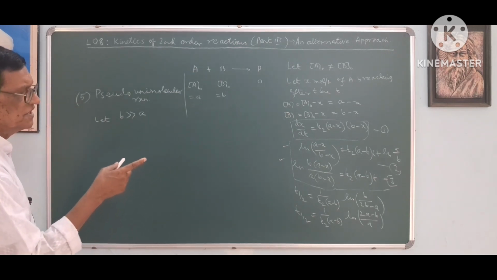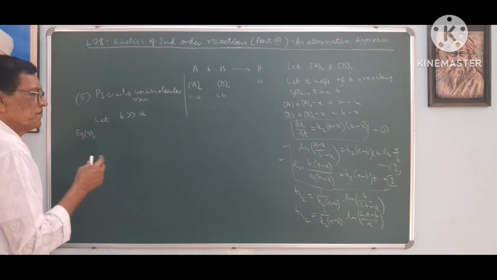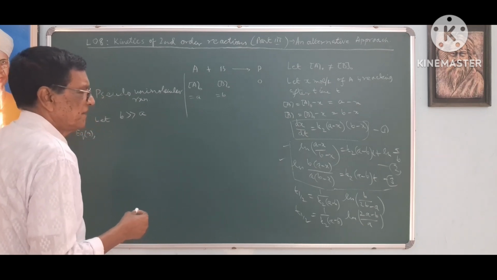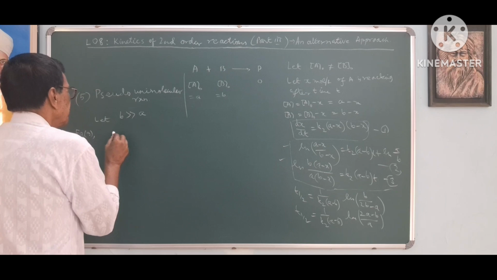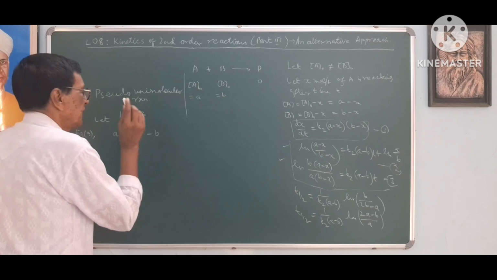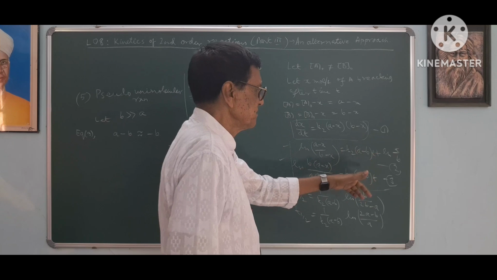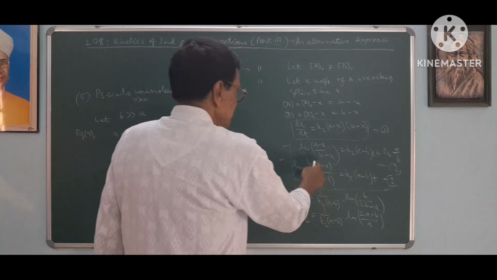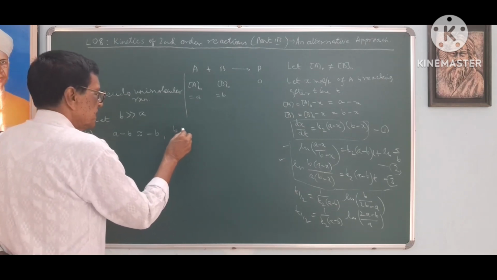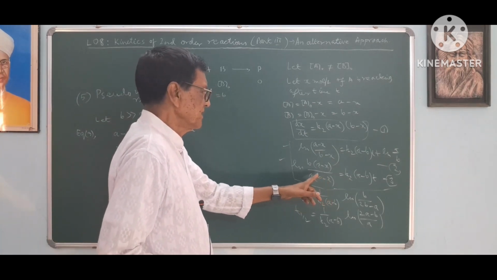Then in equation 3, A minus B is almost equal to minus B, as A is very small in comparison to B. And B is much greater than X, so X can be neglected in comparison to B.